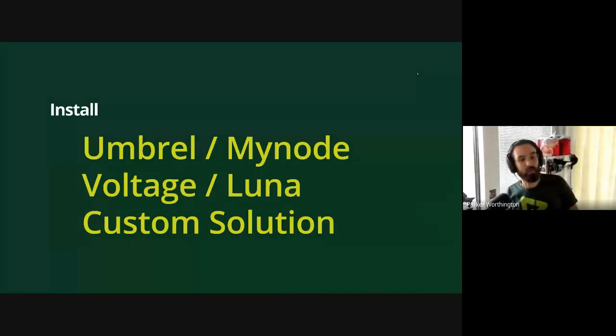Okay, so installing, we have three different ways. You can do an Umbrel or a myNode, which you may be familiar with. It is locally hosted hardware that is just your own node in your local internet. Below that is a Voltage or Luna node.